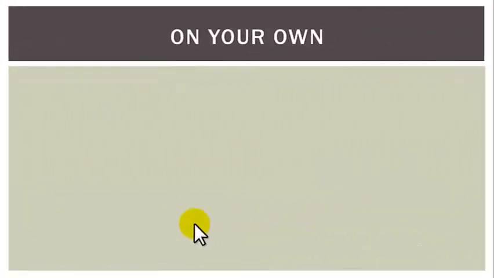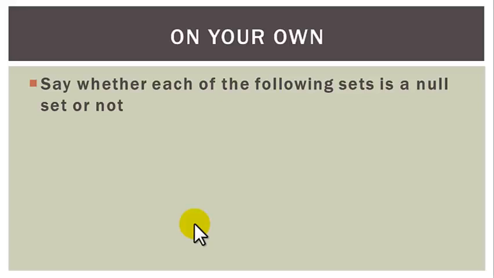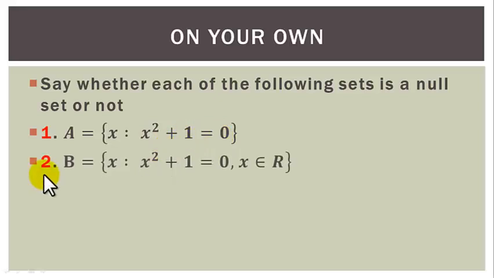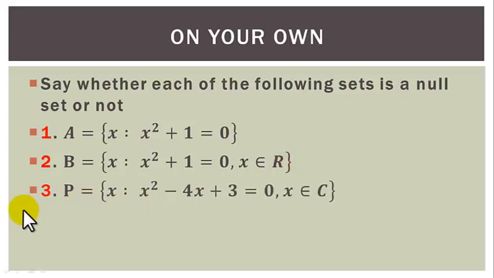On your own, say whether each of the following sets is a null set or not. 1. A. The set of all x such that x squared plus 1 is equal to 0. 2. The set B of all x such that x squared plus 1 is equal to 0 and x is an element of R. 3.